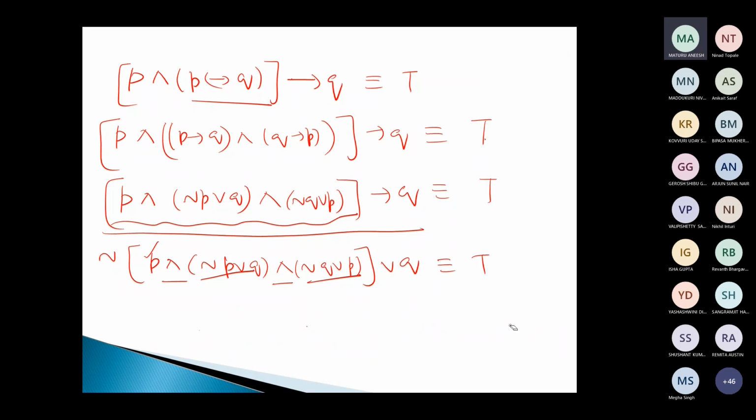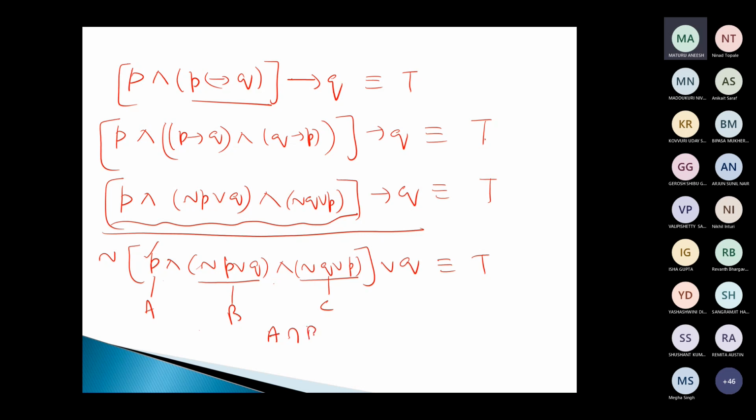Ma'am, could you repeat the last step again? I can't get it. Okay, no problem. See here, this is your A. This is your B. This is your C. It looks like A and, instead of and, I'll use intersection.